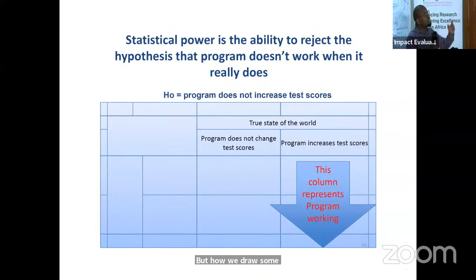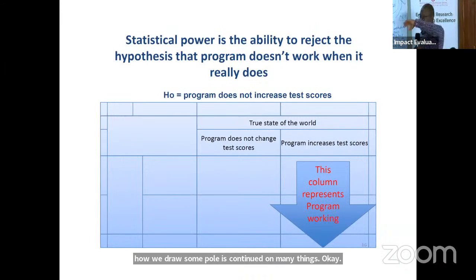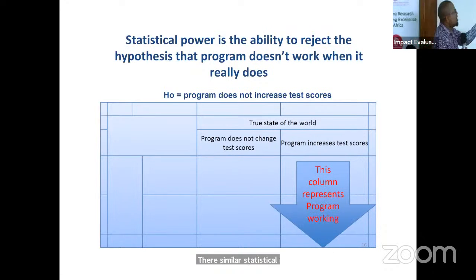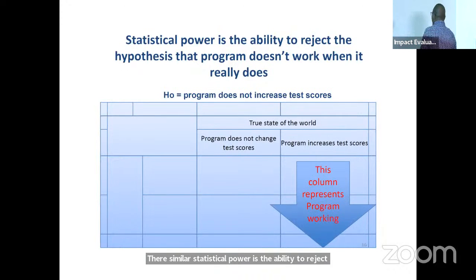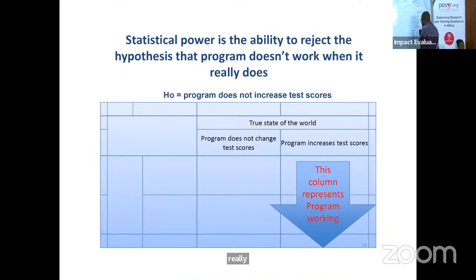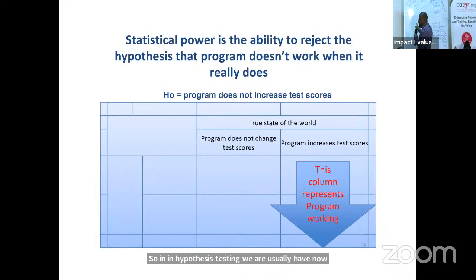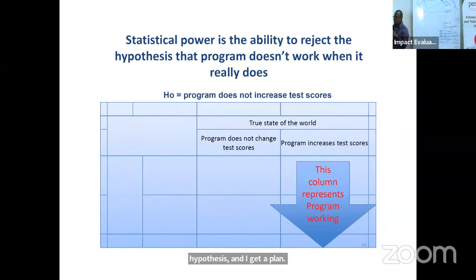Statistical power analysis and statistical power are similar. Statistical power is the ability to reject the hypothesis that the program does not work when it really does. So in hypothesis testing, we usually have a null hypothesis and what? An alternative hypothesis, right?